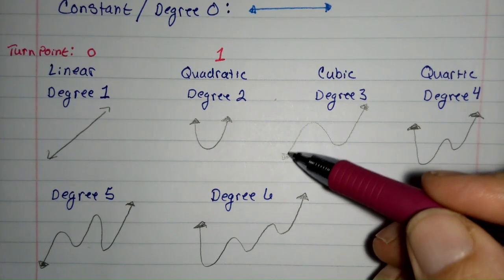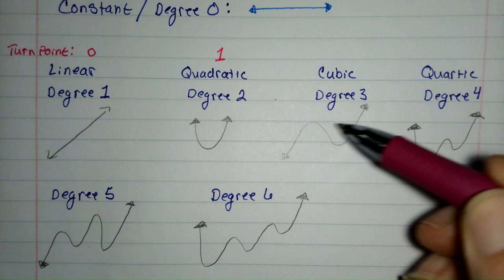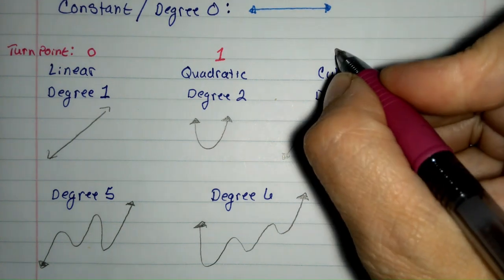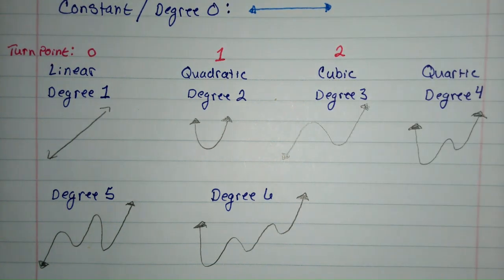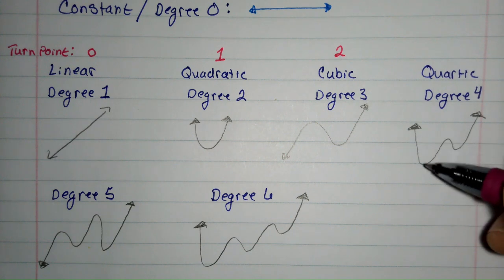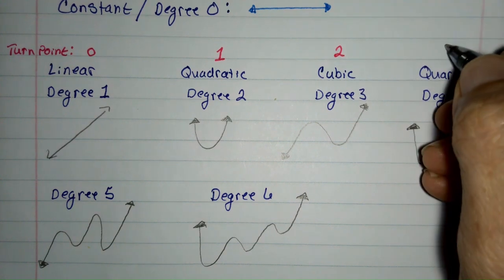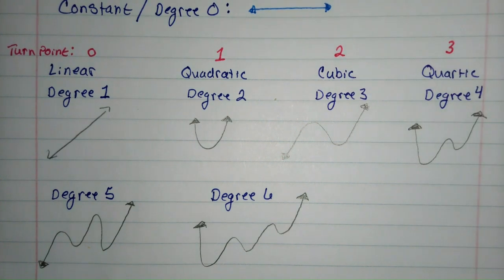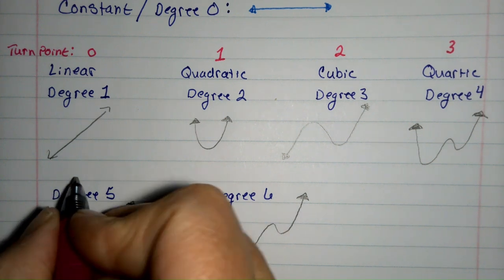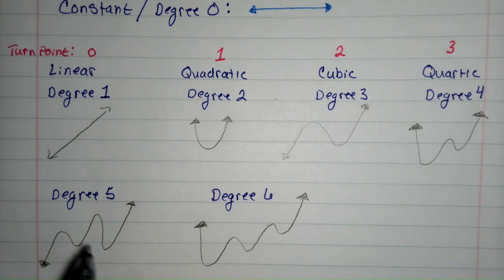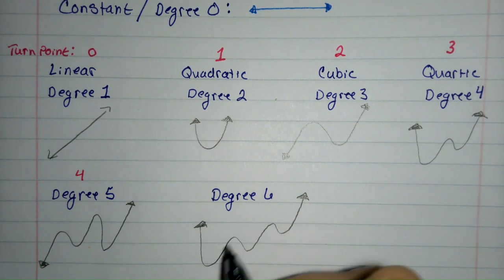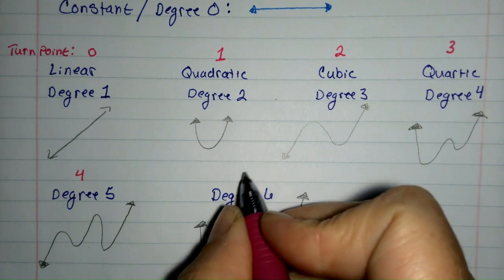Cubic, we come up, then we come down, we go back up, so there are 2 curves, so there are 2 turning points. Here, quartic, we had 3 turning points. Degree 5 has 1, 2, 3, 4. 4 turning points, and degree 6, 1, 2, 3, 4, 5.